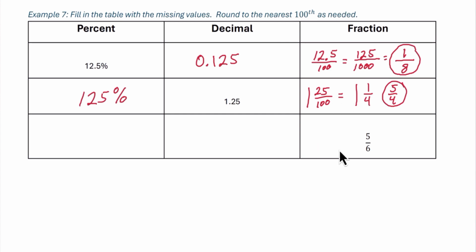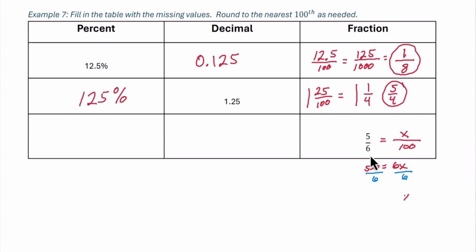And in our final example, we're given the fraction. We want to start by writing it as a percent. To do that, we can write it as a proportion, x over 100. Cross multiply, we get 500 equals 6x. Divide both sides by 6.